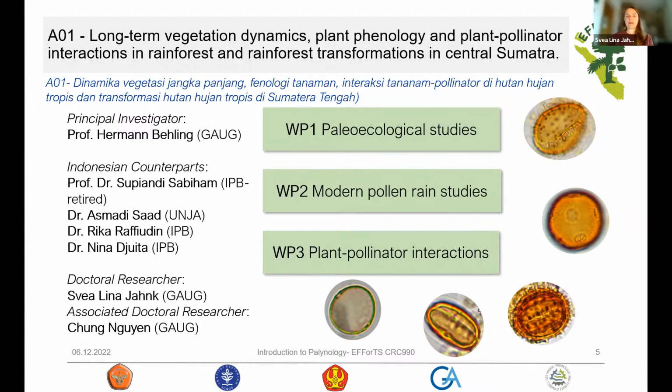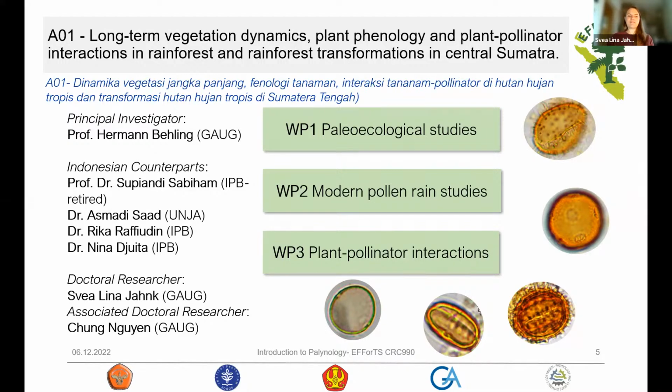On the one hand, we have paleoecological studies, which is studying basically vegetation history, but also modern pollen rain studies. So modern pollen precipitation, everything that is precipitating from the air, and plant pollinator interactions. So how we can see the signal in pollen from vegetation on pollinator organisms. But more to that later.